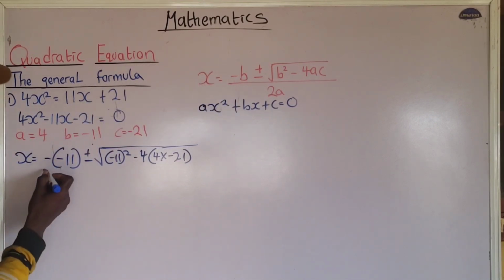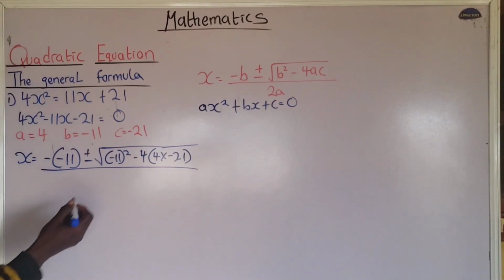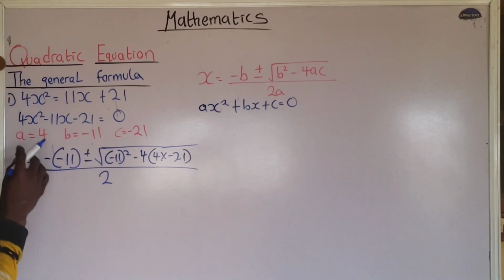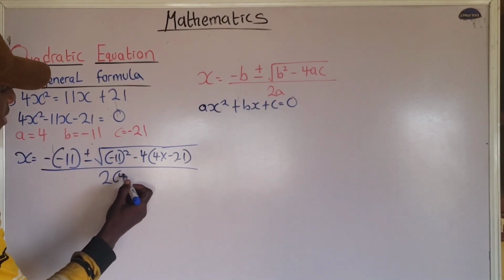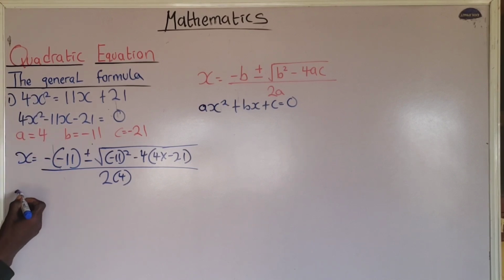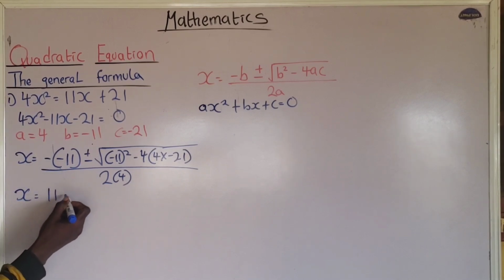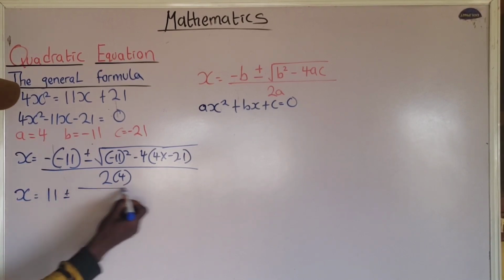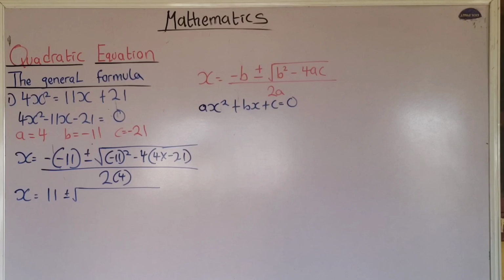Okay, so let's proceed to the denominator. We have 2 multiplied by A. A is 4, so I'm going to have 2 multiplied by 4. Now we are going to simplify this to get the value of x. Here I'm going to have x equals minus negative 11, that's 11, plus or minus the square root of negative 11 squared.